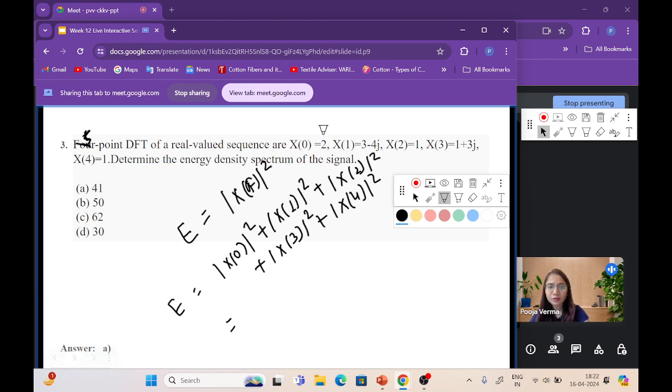So mod x of 0 is 2, so 2 square. Then plus x of 1 square.